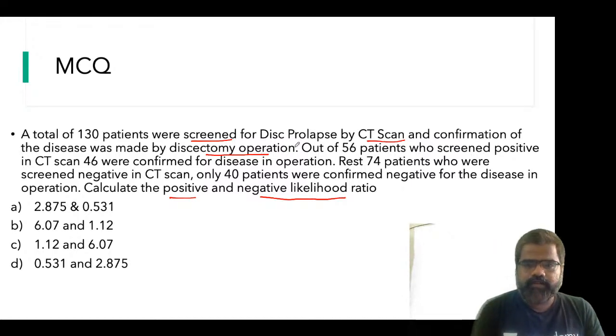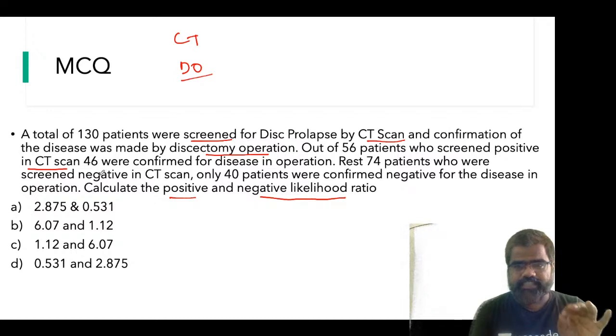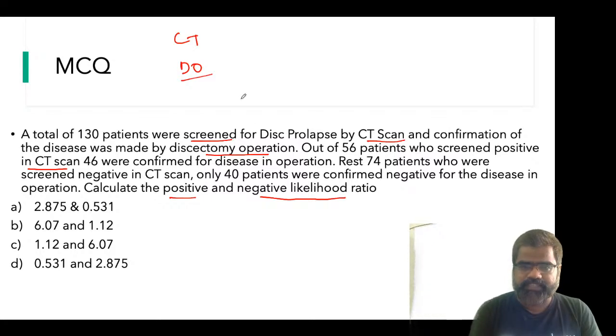Now, out of 56 patients who screened positive in CT scan, 46 were confirmed for disease in operation. So CT scan said 56. Out of this, 46 were my true positive.